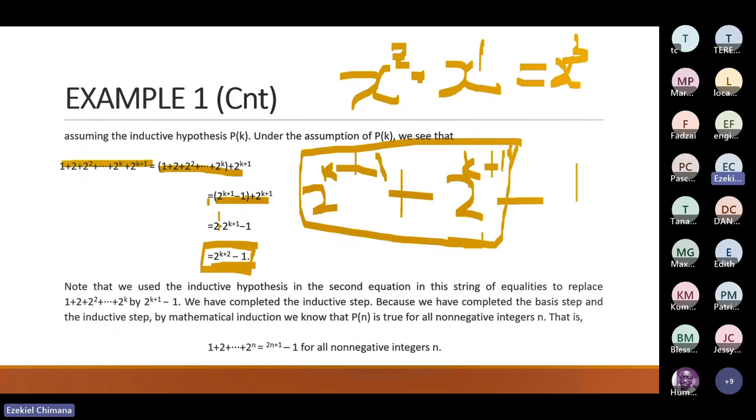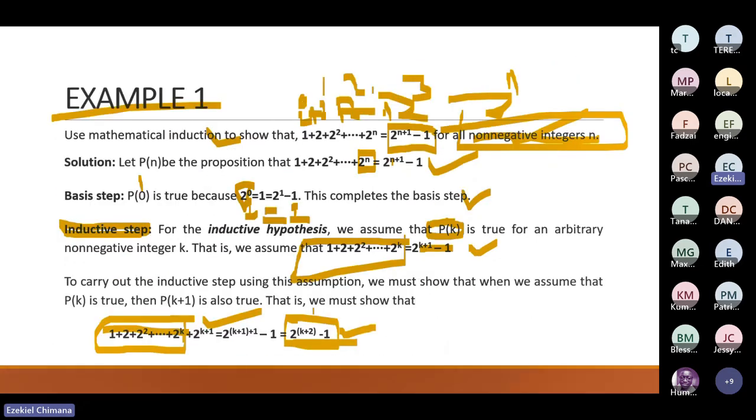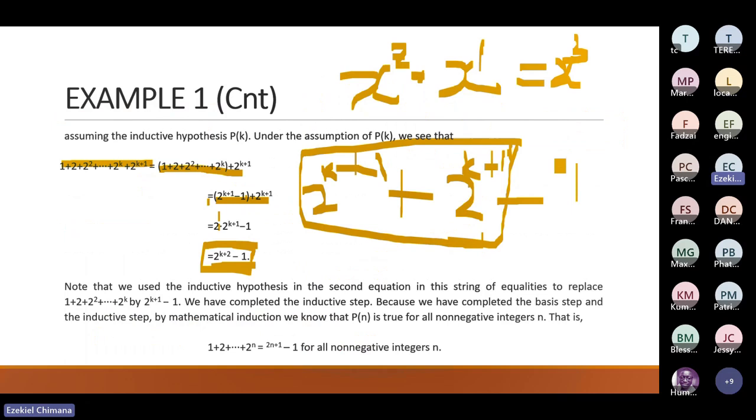So by the principle of mathematical induction, we've managed to prove that this one is always equal to this one for all non-negative integers. That will be your conclusion. Note that we used the inductive hypothesis in the second equation in this string of equalities to replace this part by this part.